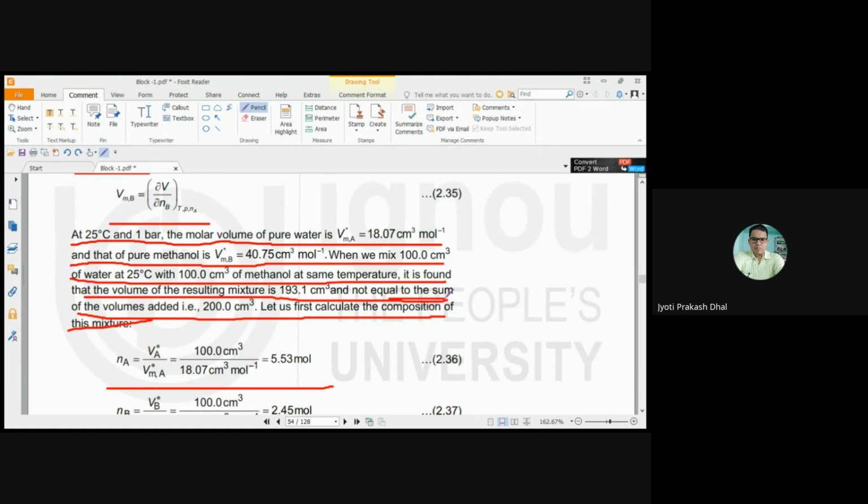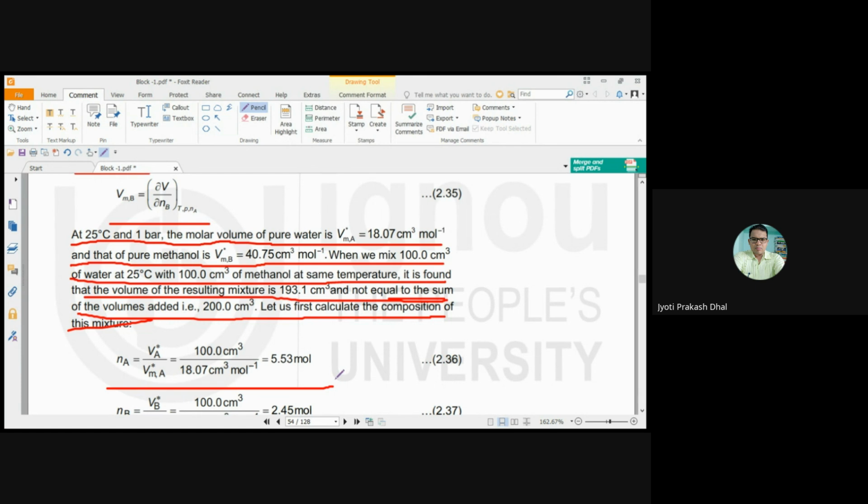So here we have taken a mixture of 100 ml of pure water and 100 ml of pure methanol at 25 degrees Celsius, and you will find that the resulting mixture is not 200 ml, rather it becomes 193.1 ml. So why is this happening?